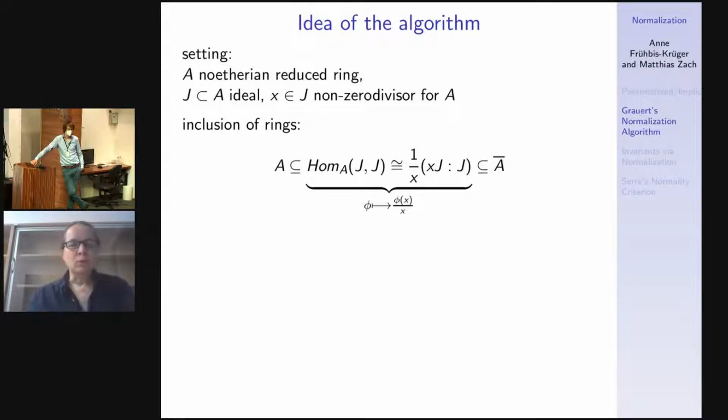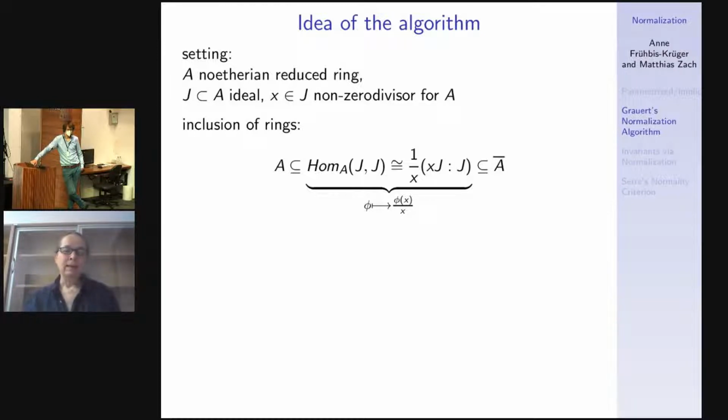And of course, at first glance, you'll say, that's not well defined, that depends on x. But actually, the A-linearity of the homomorphism ensures that for any non-zero divisor y in J that you're picking, phi of x divided by x is the same as phi of y divided by y.